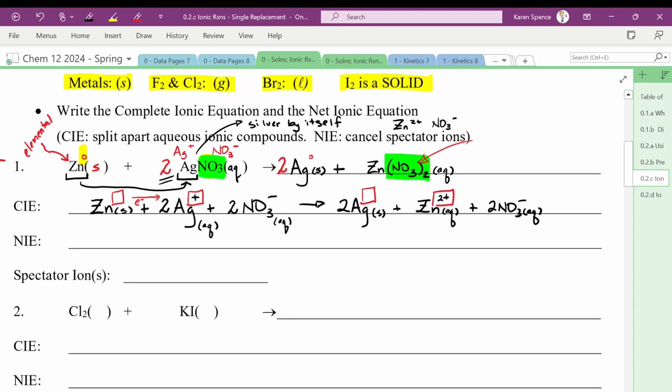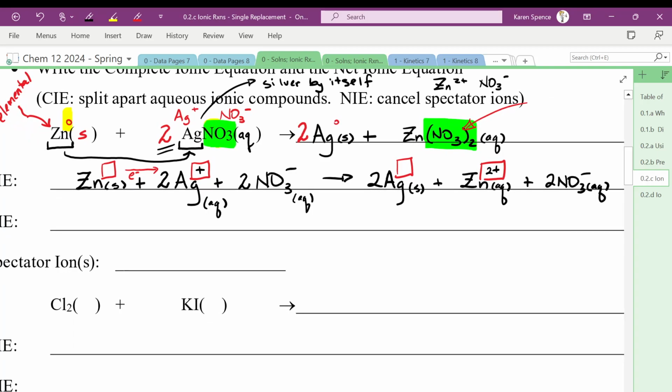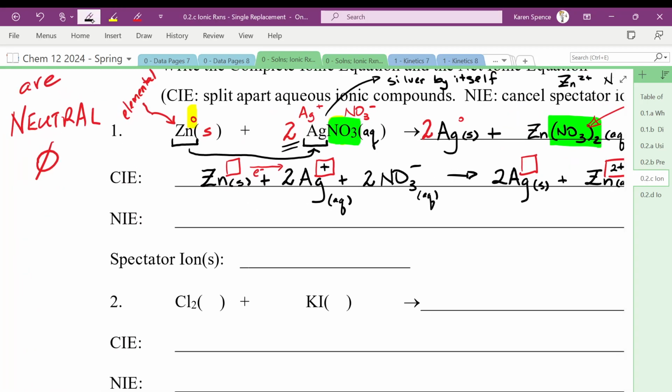So now let's take a look at this. When we do our net ionic equation, we need to look for spectator ions. Spectator ions should look identical on both sides. Who looks identical on both sides?